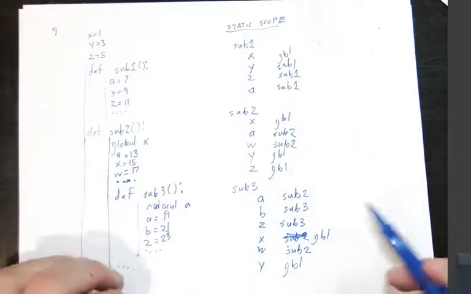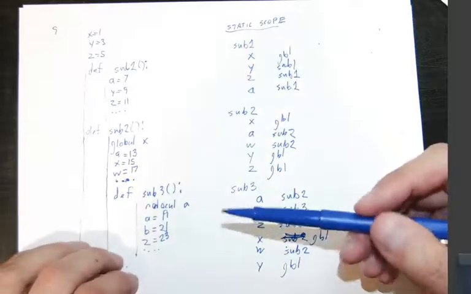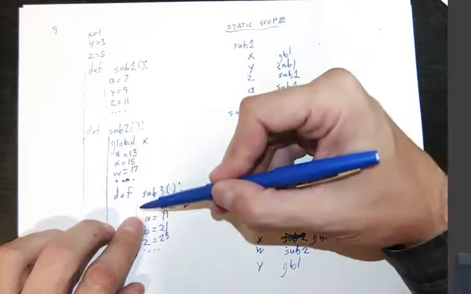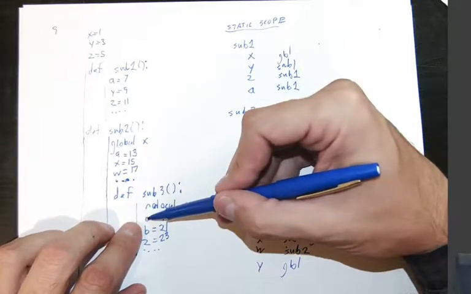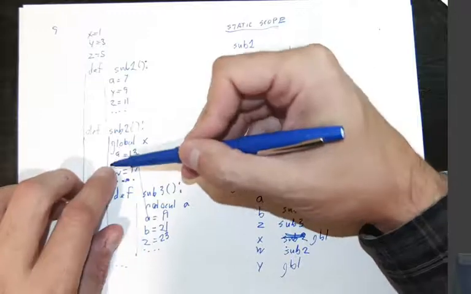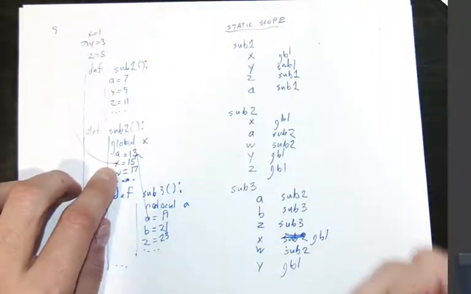Okay, so how did I figure this out? This A is actually that one. This X declared global is actually that one.